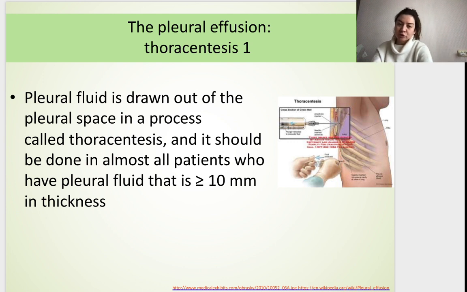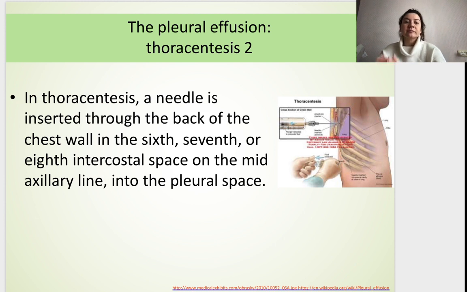It is an indication for thoracocentesis, not just for removing fluid but for analysis of the fluid contents. In thoracocentesis, a needle is inserted through the back of the chest wall in the 6th, 7th or 8th intercostal space on the mid-axillary line into the pleural space.